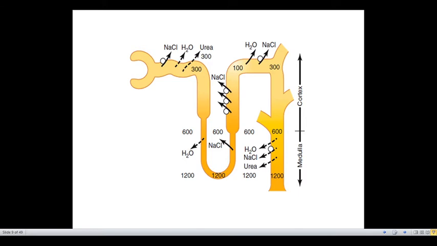With high ADH levels, the osmolarity of the urine is about the same as the osmolarity of the renal medullary interstitial fluid in the papilla, that is equal to 1200 milliosmoles per liter.